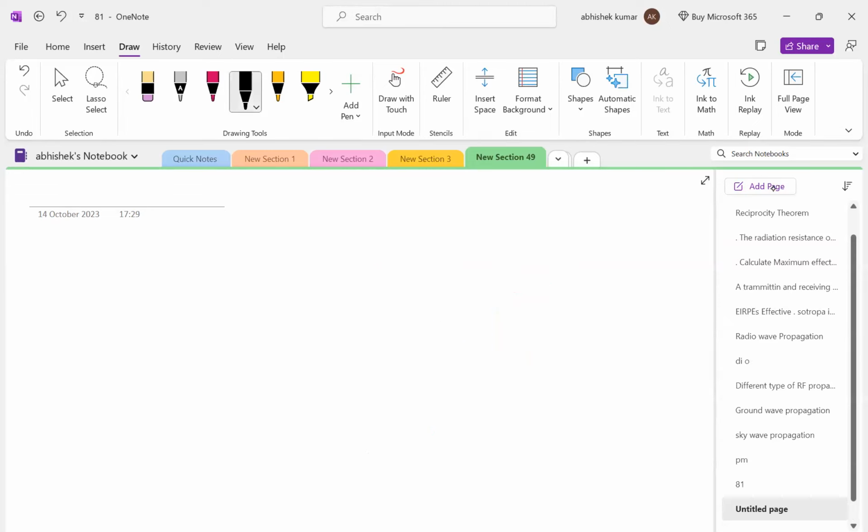Okay. Another important thing is the maximum usable frequency.